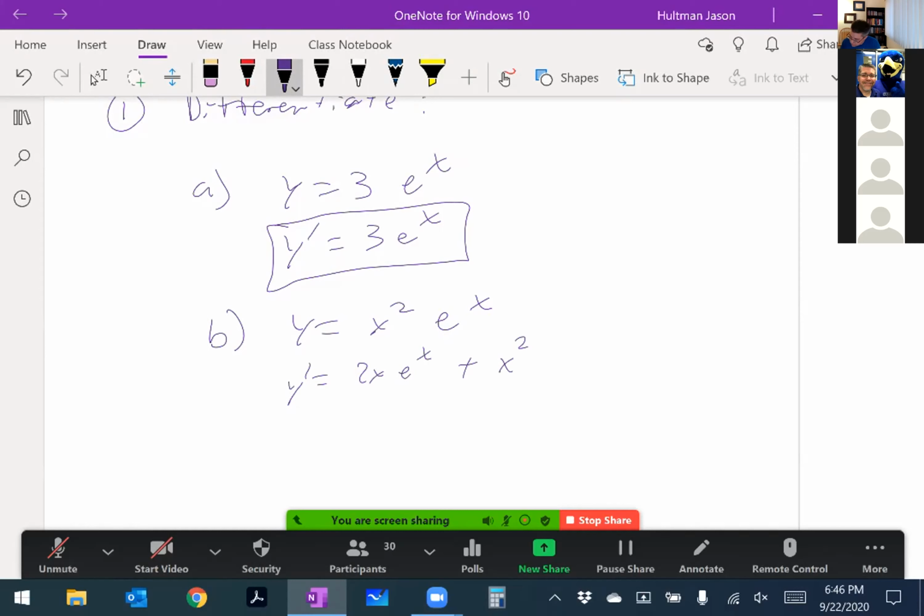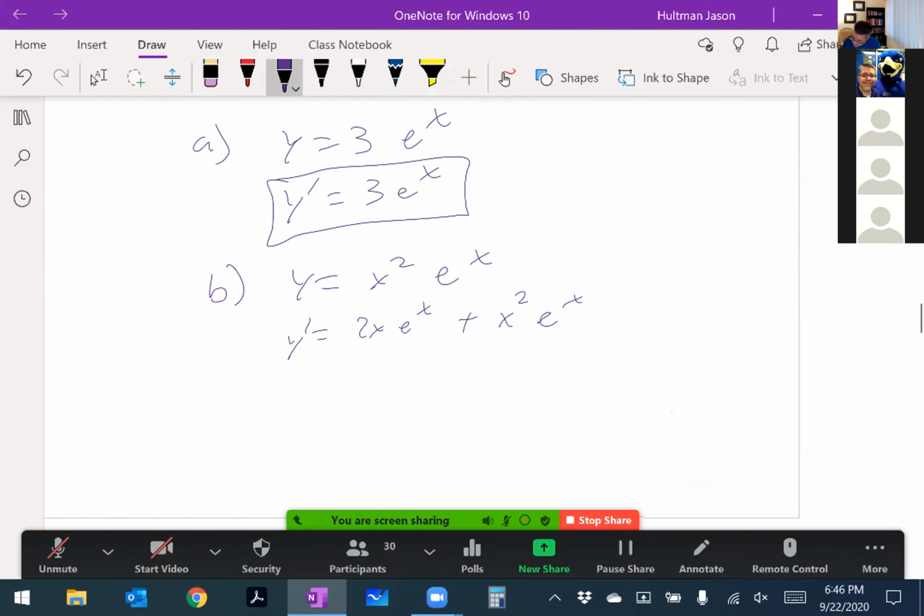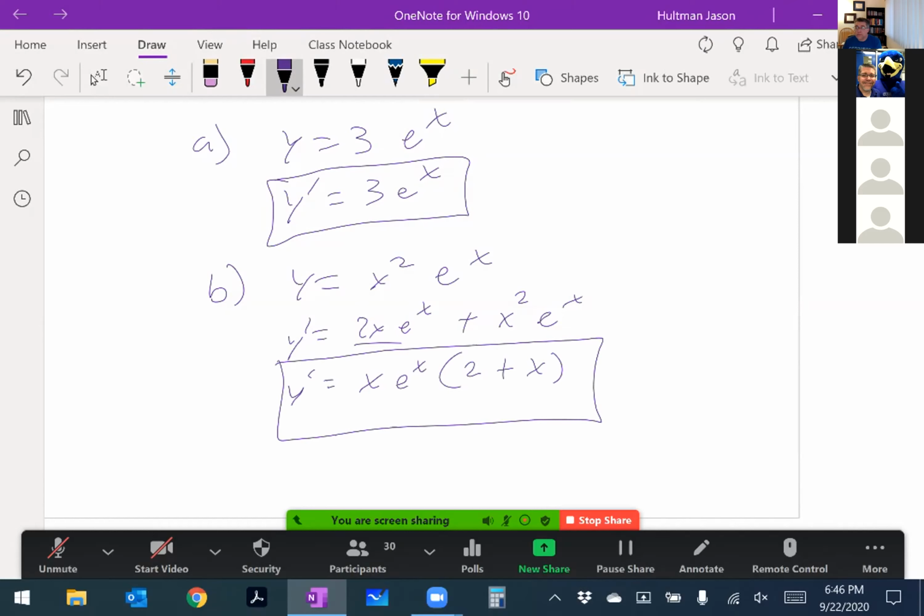It's itself, e to the x. I could factor out what they have in common: an x and an e to the x. What's left over in the first one is just 2, and in the second one is just x. So y prime is equal to x e to the x times 2 plus x.